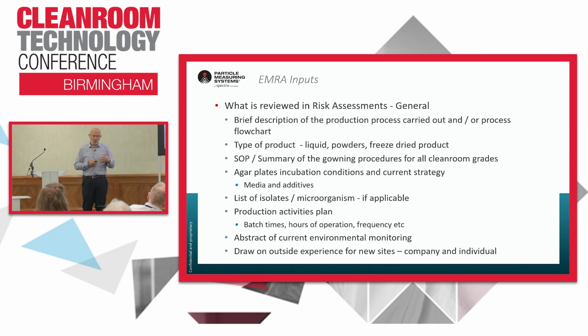We look at an abstract of the current environmental monitoring data, summarise what's there and what's been happening. And then particularly for new sites, if it's a company with existing sites, can we draw on experience from similar lines, similar processes, or our own individual experiences? A lot of us move around the industry, so what can we learn from our own experience of similar processes?